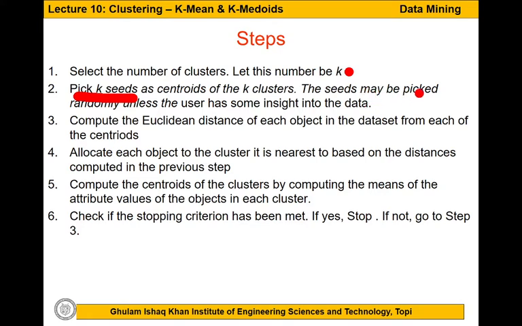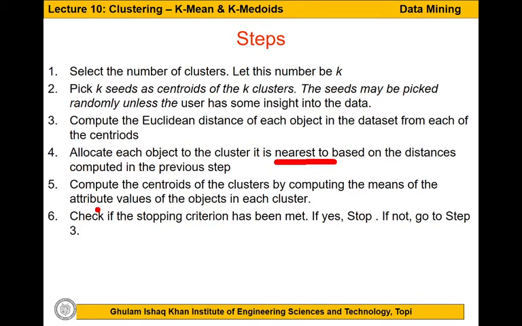These seeds are usually a random choice, but if you have domain knowledge, then you can manually or specifically pick certain points as well. Then the Euclidean distance is computed of each object in the data set from each of the centers, right? Now once we have computed the Euclidean distance, each point is allocated to the nearest center based upon the distance.